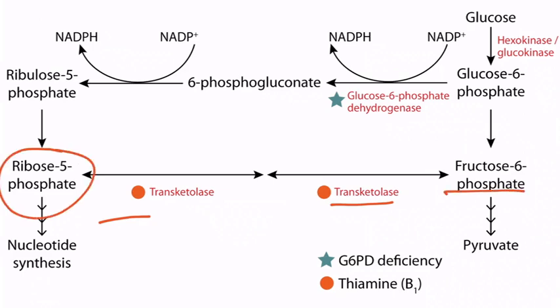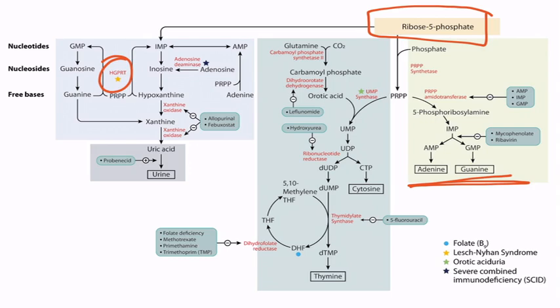So in this case, the activity of transketolase would likely be increased. If we go to the last image, we can see that this would provide the de novo purine synthesis pathway with more ribose 5-phosphate. This would then be used to generate more purines, which would compensate for the defective purine salvage pathway over here.